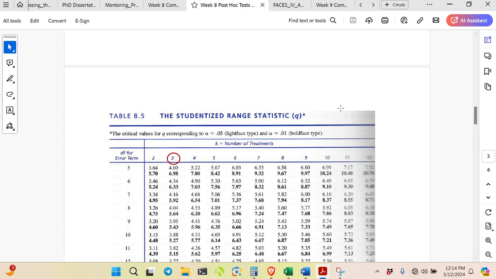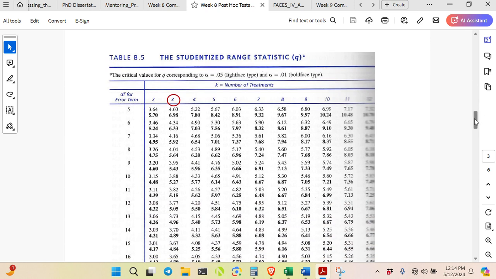The numbers in bold type are at the significance value of 0.01, so the regular type is 0.05. We do have 3 groups, and this is the same as in the example.